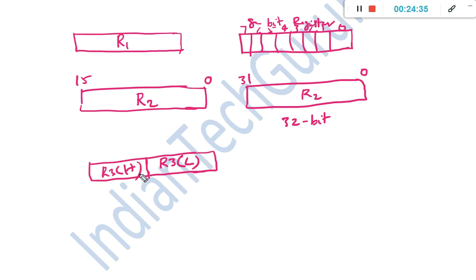R3 of H means R3 of high. Okay, low level bits, high level bits. So it may be bifurcated as 0 to 7 and 8 to 15.